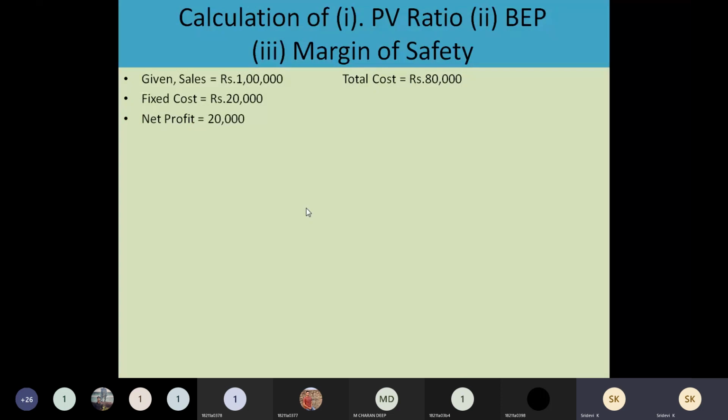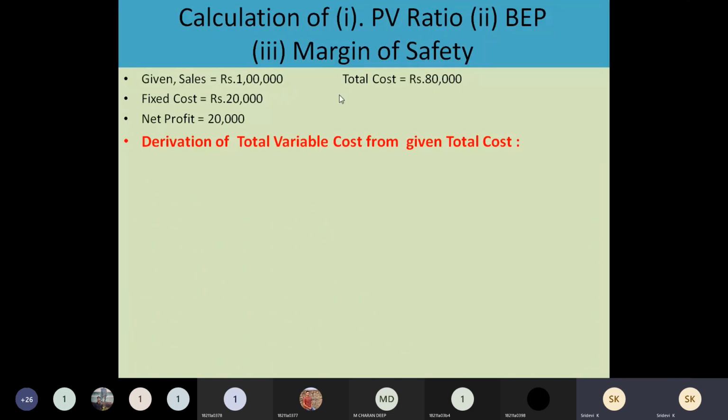Net profit is given 20,000. So let us derive first total variable cost, because we are having all totals, no? So whatever we are going to derive, that is nothing but the total variable cost. So this we are going to derive from the total cost.